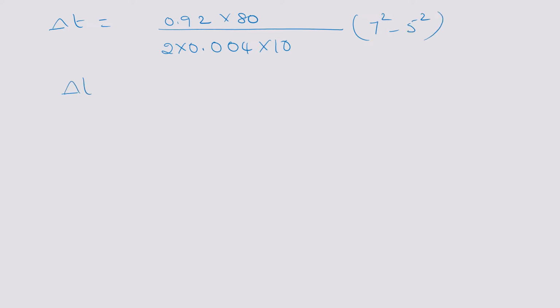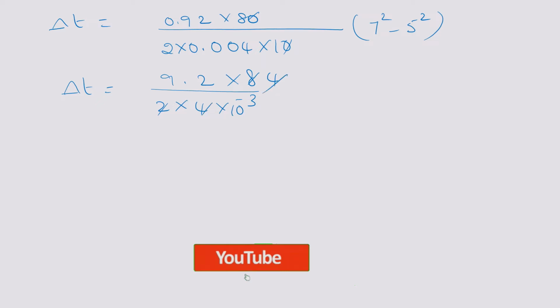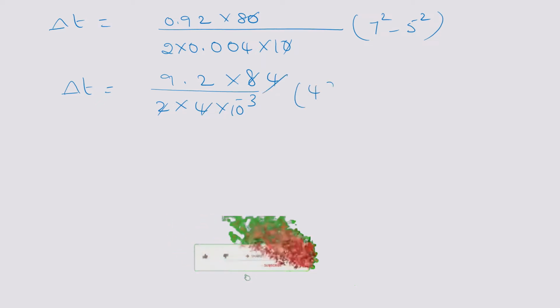So delta T is equal to 9.2 into, here this 0 gets cancelled, 8 by 2 into this 0.004 can be written as 4 into 10 to the power of minus 3, and 2 ones are 2, 2 4s are 8, 4 gets cancelled, here 7 square is 49, 5 square is 25.